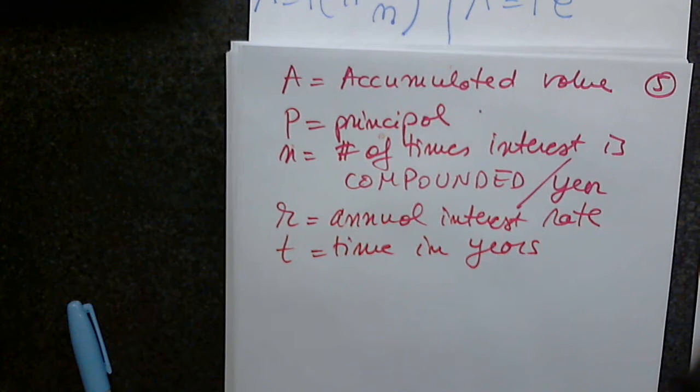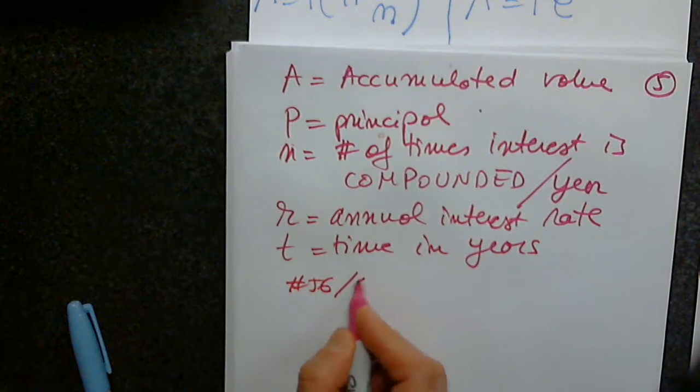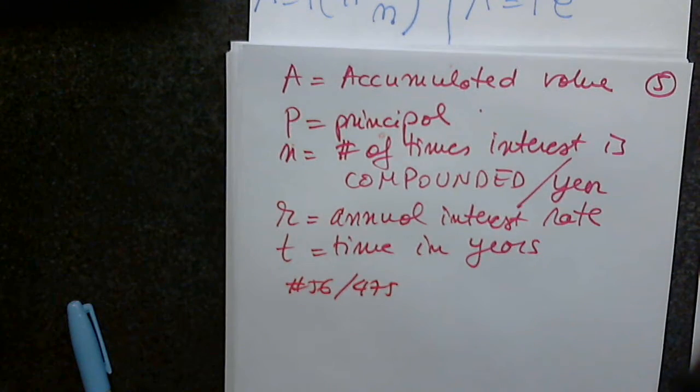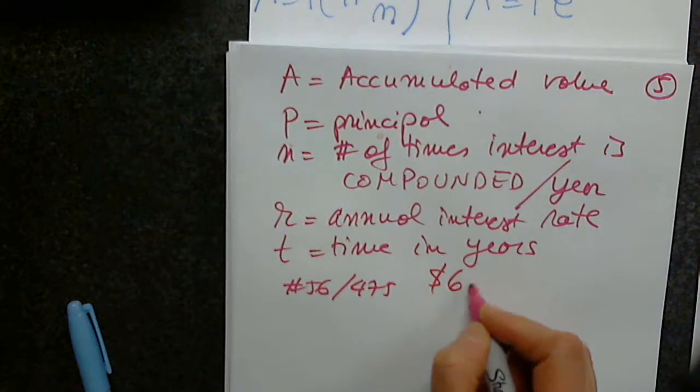So let's look at a problem. Number 56 on page 475. We have 55 listed, so we're doing 56. Suppose that you have $6,000 to invest.